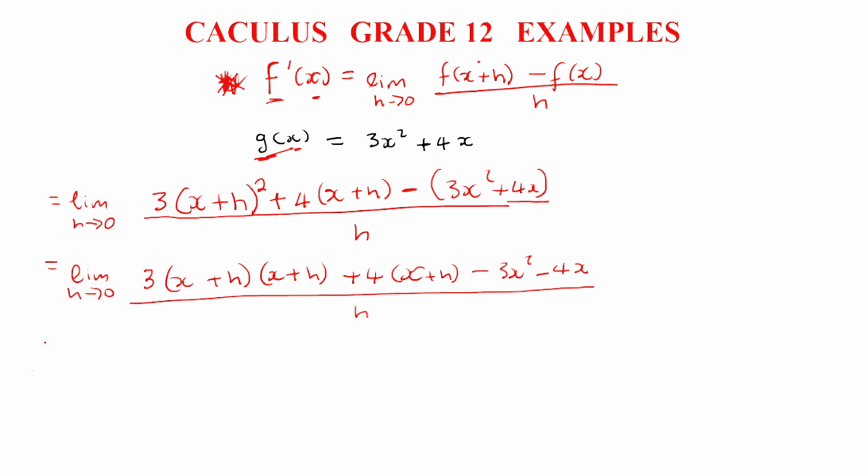Now let's say the limit as h approaches 0, because it has not approached 0 yet. When we remove the brackets, if we do the binomial, I'm sure you guys know this by now because you're in grade 12, x plus h squared gives us x squared plus 2xh plus h squared, close bracket.